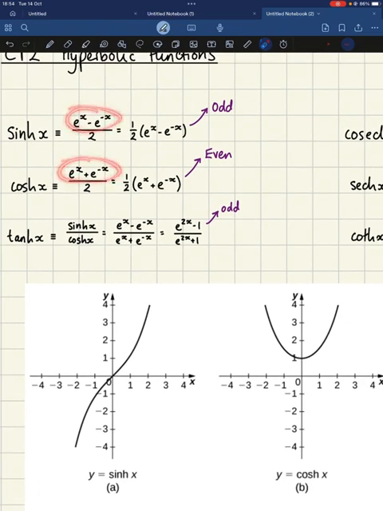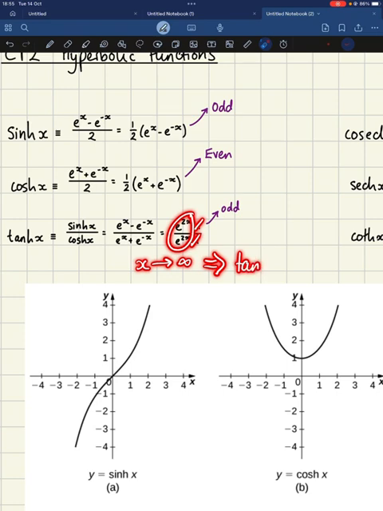Like here we won't have asymptotes because you can have any value of x, but here there will be an asymptote because we know this can't be 0, so e to the x cannot be minus 1. Well, we know that e to the x is never negative, so that's fine. And there's going to be some sort of limit to this, and well, as x tends to infinity, the minus 1 and the 1 will drop off, and then we'll just get this over this, which is just 1.